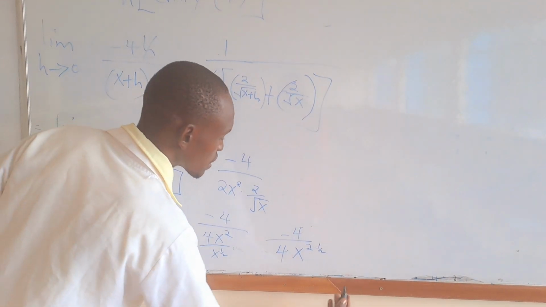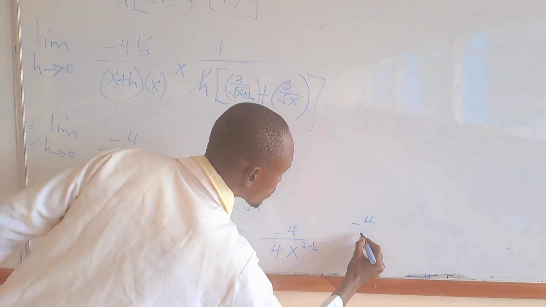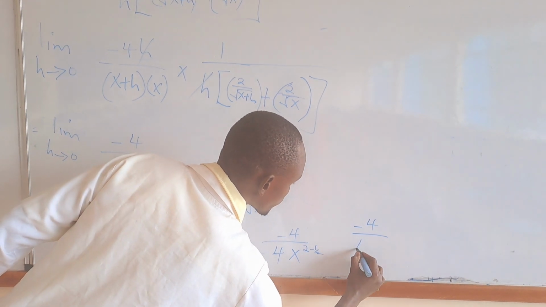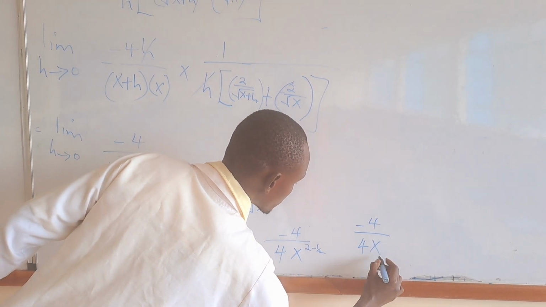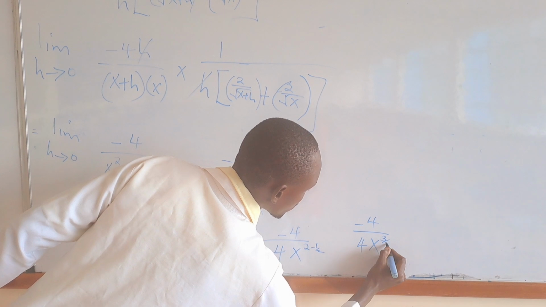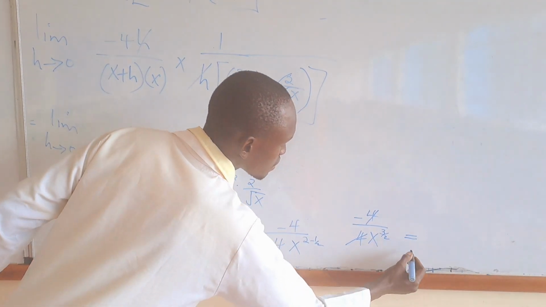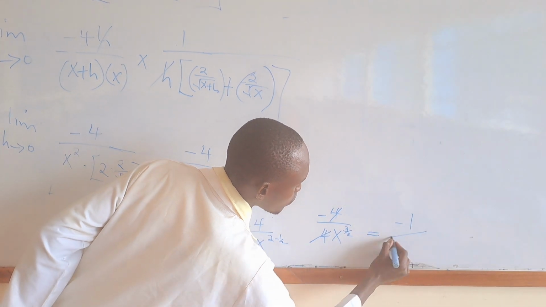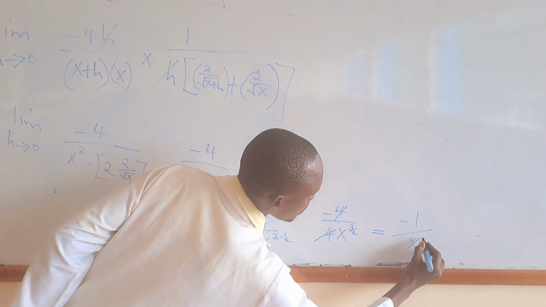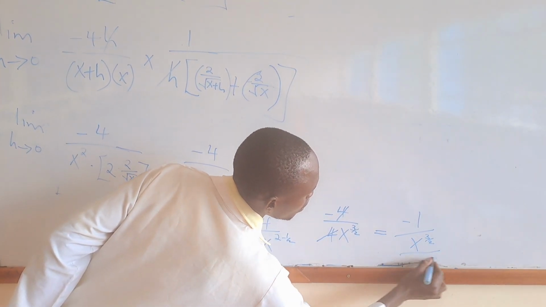So this will be the same as negative 4 divided by 4 times x raised to power 3 over 2. But 4 can go into 4. So we'll have our answer to be negative 1 over x raised to power 3 over 2.